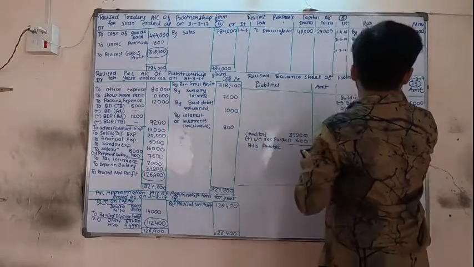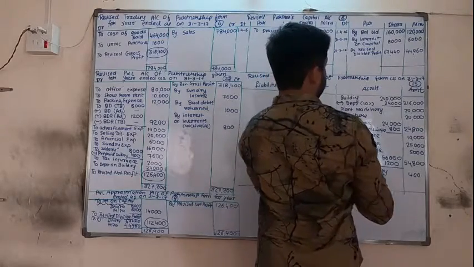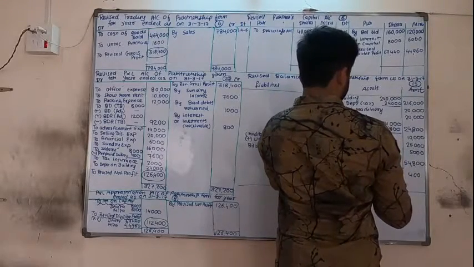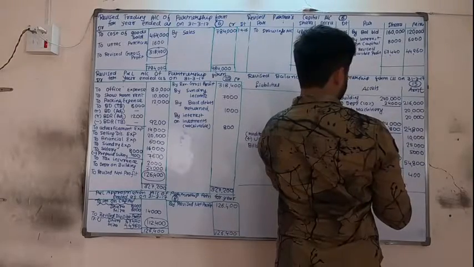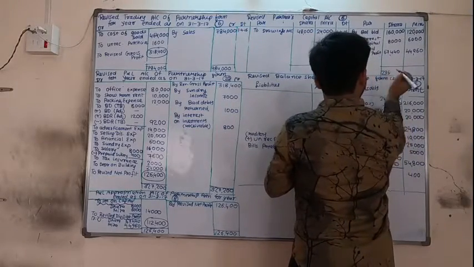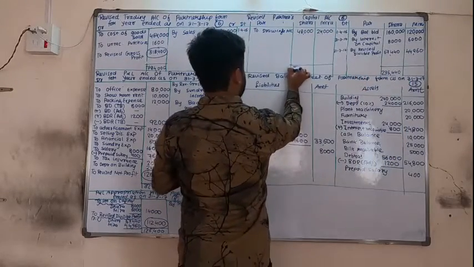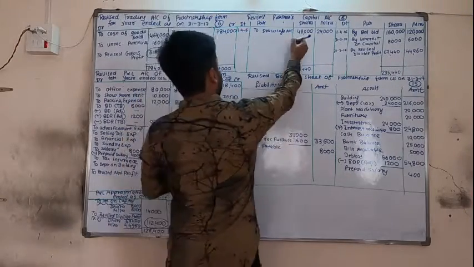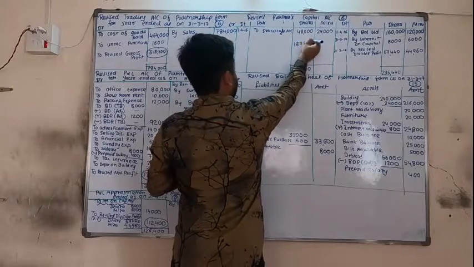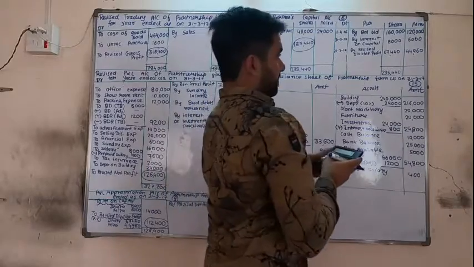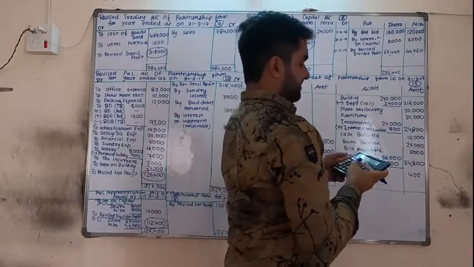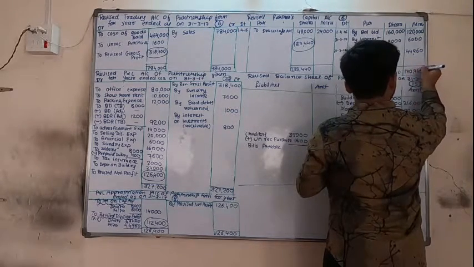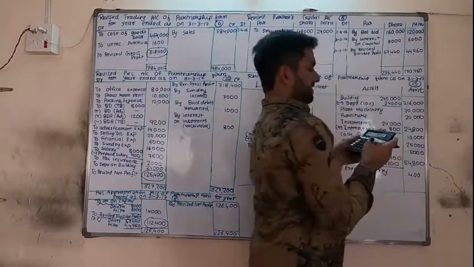Now always the credit side will be more in this account, capital. 1,60,000, 8,000, 67,440 is 2,35,440. 2,35,440 minus 48,000 is 1,87,440. Then 1,20,000, 6,000, 44,960 is 1,70,960.